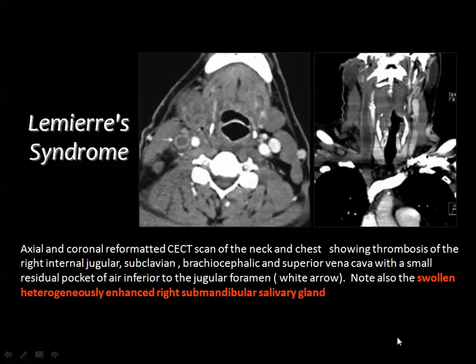And this patient, you see, this is the internal jugular vein, which is totally thrombosed, and this is the common carotid artery.